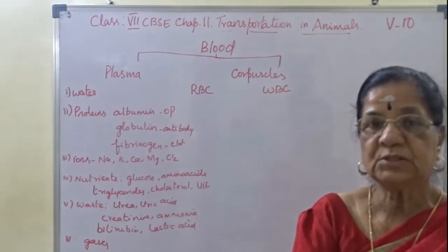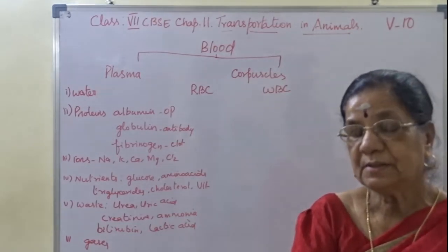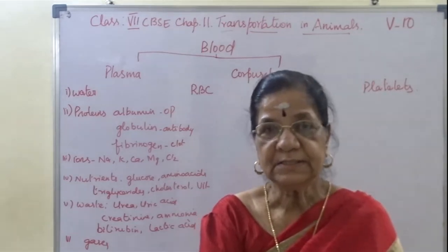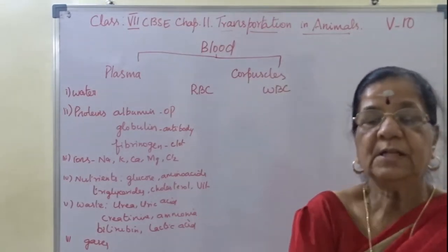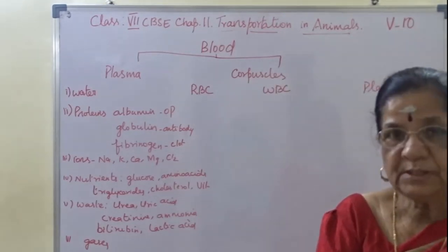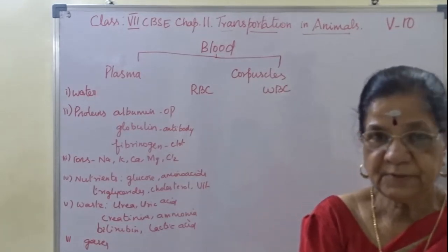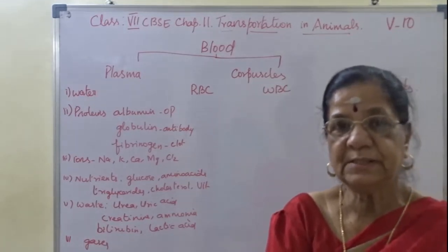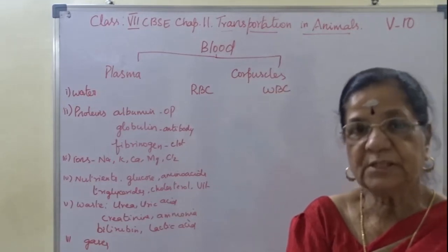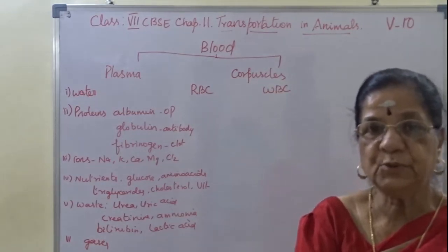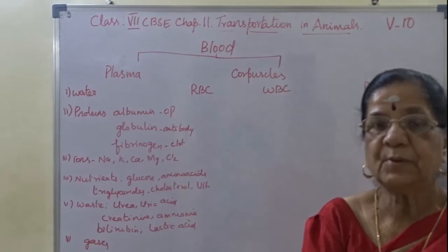The bicuspid valve is also known as the mitral valve. There is another one, the semilunar valve, through which oxygenated blood from the left ventricle is sent through the aorta, distributing to various parts of the body.